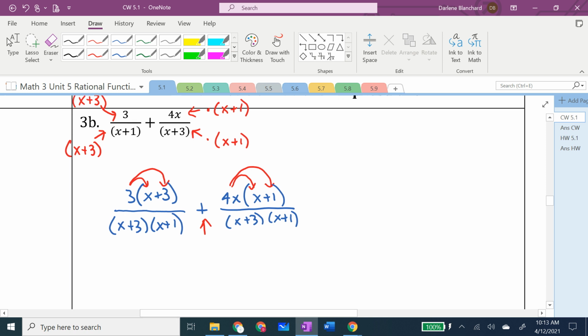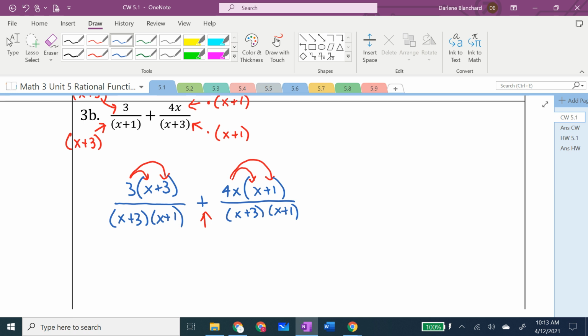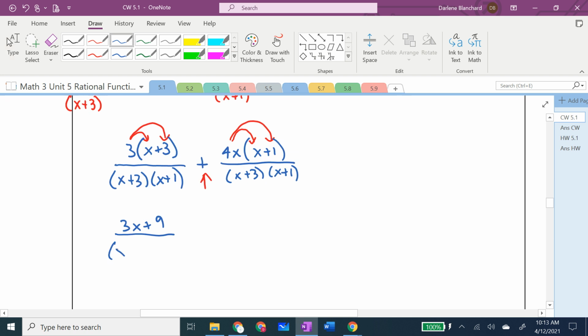So I am going to do 3 times x plus 3 times 3. And then I'm going to distribute 4x times x plus 4x times 1.